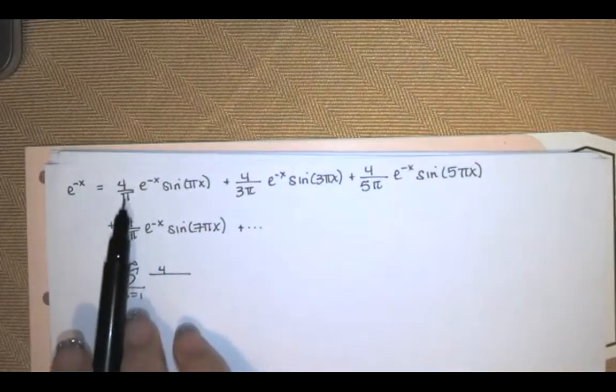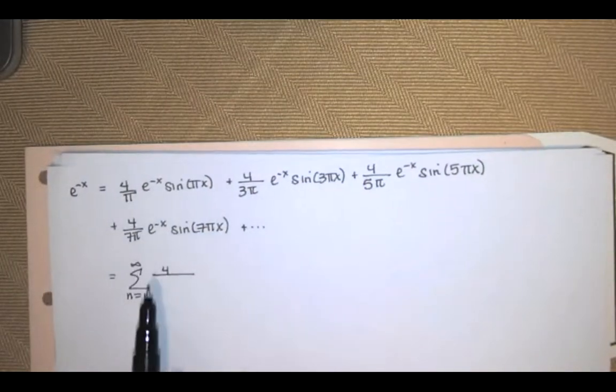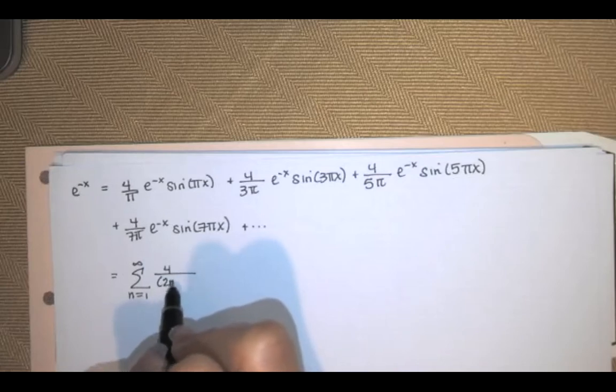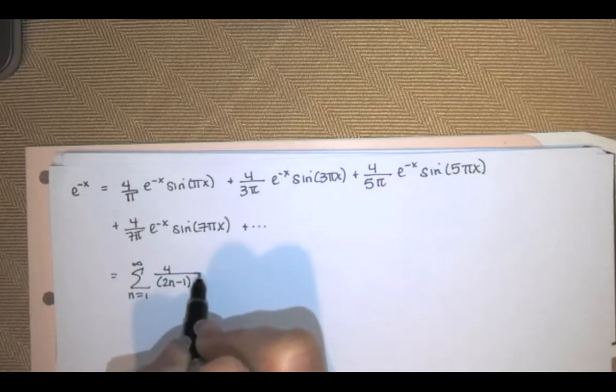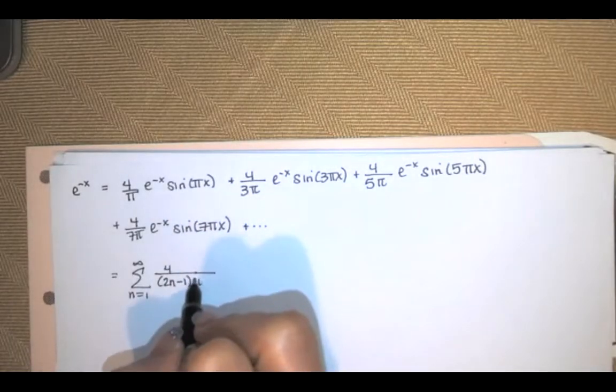And in the denominator, I've got 1 pi, 3 pi, 5 pi, 7 pi. The next one's going to be 9 pi. I've got odd multiples of pi, and I want the first one to be n equals 1, so I could write 2n minus 1 here, so that when n equals 1, I'd have 2 minus 1, which is 1, times pi.